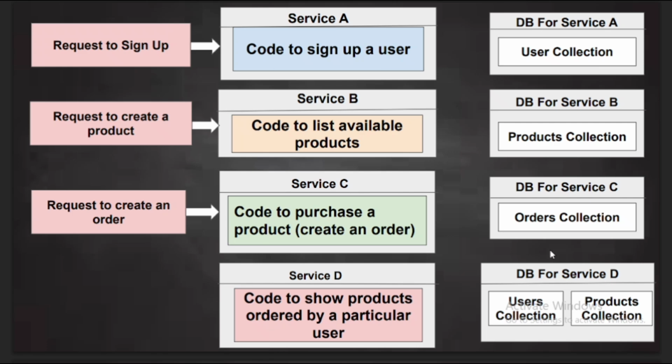We need to think about how we can get services A, B and C to somehow tell service D any time a user signs up, a product is created, or a user orders a product. We also need to handle whenever services A, B and C communicate out in some way where service A isn't going to fail if service D is not up.